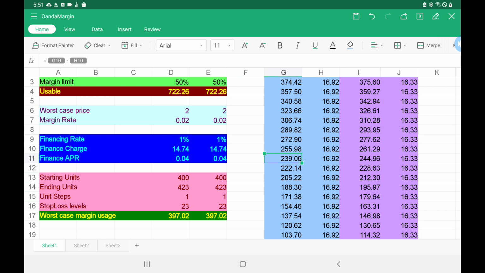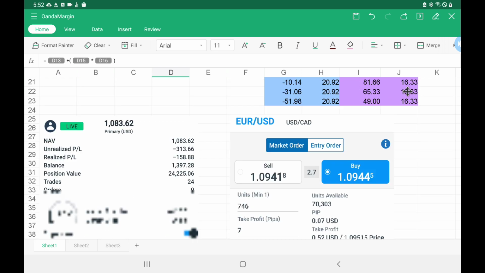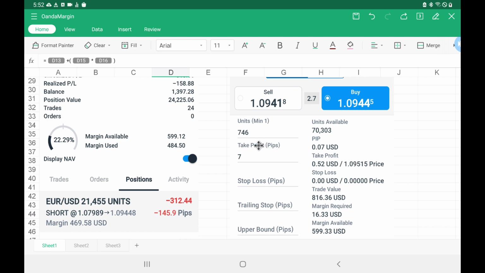And as you see here, 1692, 1633. As we change and go up, you'll see $20. But this 1633 is on the basis of 746 units.